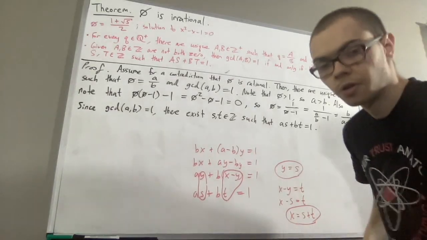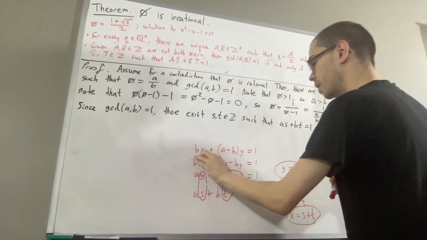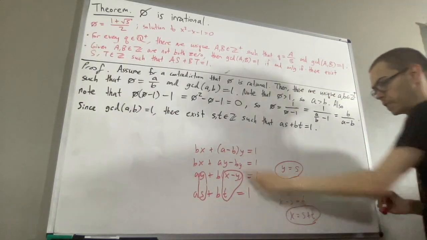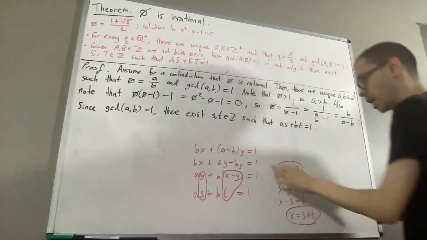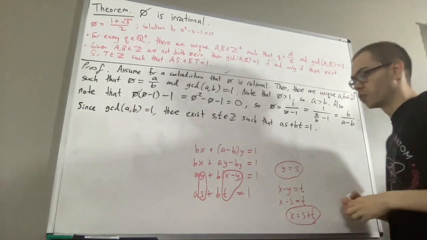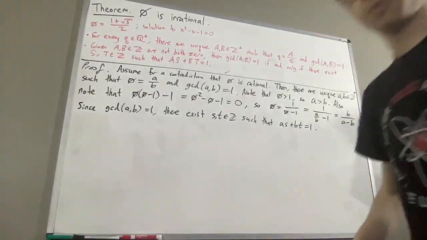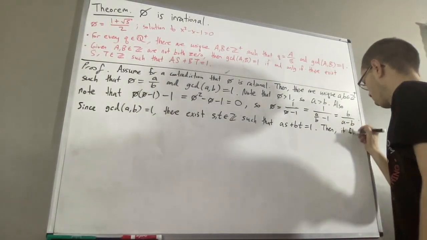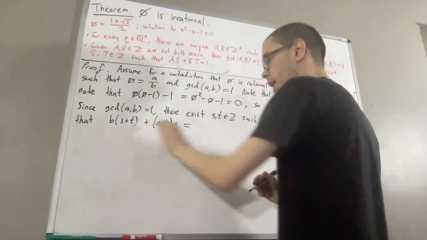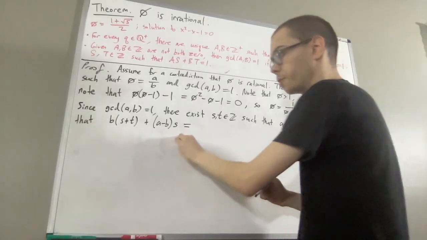So, we're looking for integers x and y such that bx plus (a minus b) times y is equal to 1. Well, if we take x to be s plus t, and we take y to be s, then this should work. And so let's just plug that into our proof now. So I'm writing our choices for x and y here, right? But if we expand this out, this should be equal to 1.